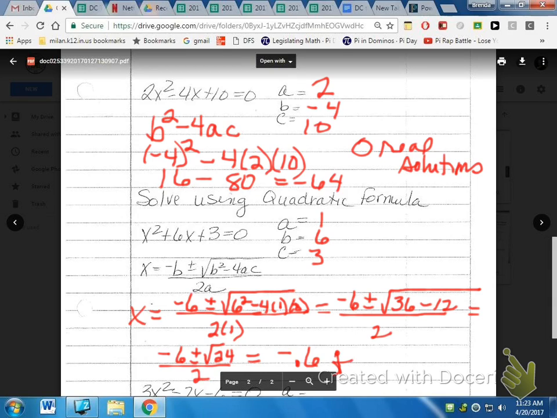And so I would do negative 6 minus the square root of 24 and get an answer and divide by 2. And I get negative 5.44, so I would say negative 5.4. I'd round to the nearest tenth. So right now we're going to use decimal answers. So you're rounding to the nearest tenth.